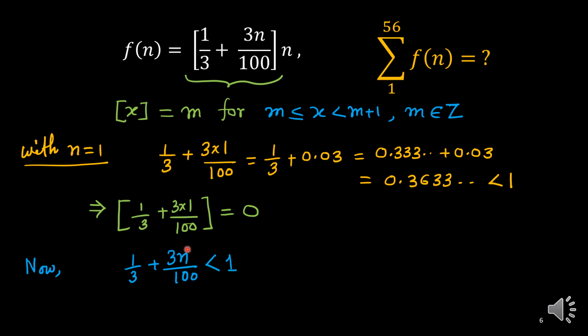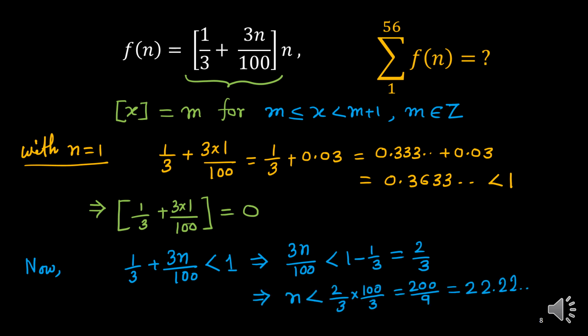We want to find the highest value for this small n. I can keep 3n upon 100 on the left-hand side, so 1 minus 1/3 will give you 2/3. Then n would be simply 2/3 multiplied by 100. The 100 will go there and the 3 will come here. So 200 upon 9 means 22.222.